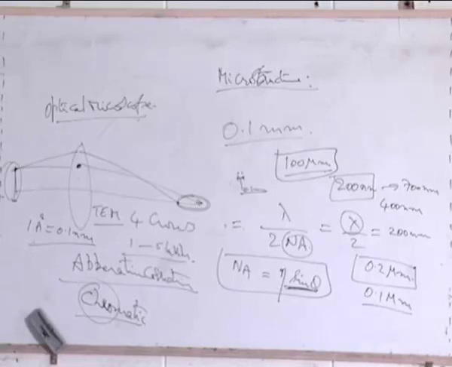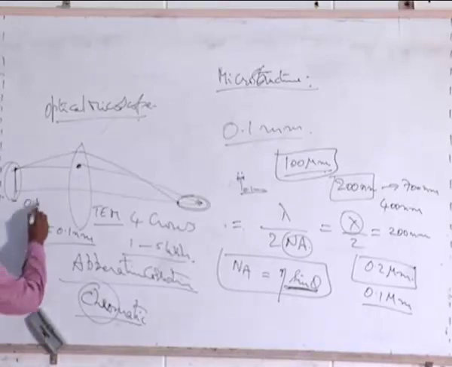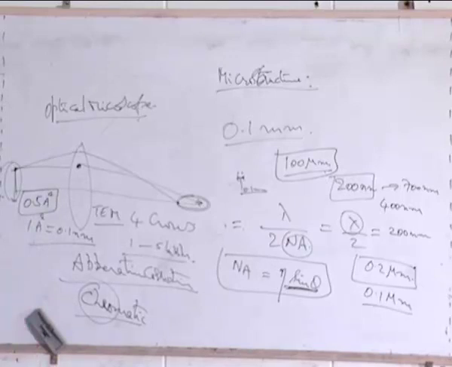So you can imagine the level of investment that one has to put in if you really want to. And there you get a 0.5 angstrom resolution. This is the best resolution anybody could achieve in a microscope so far. A 0.5 angstrom resolution basically means that you can actually see atoms, how atoms are arranged. And we will talk about how to see those atoms as we go along.